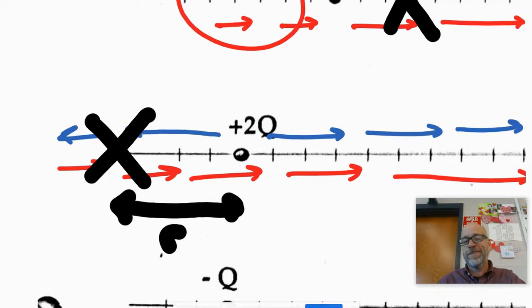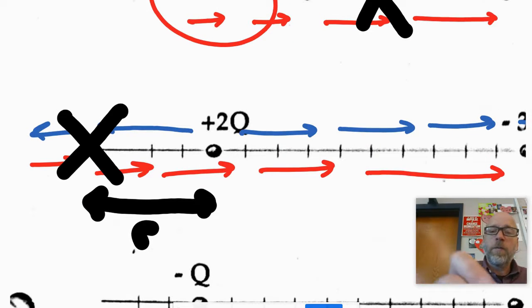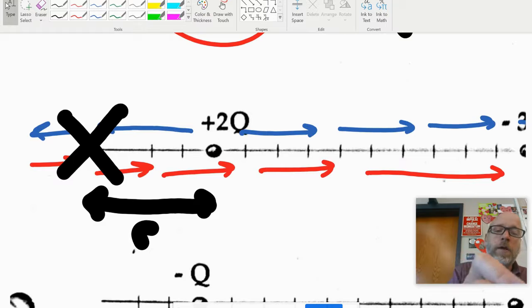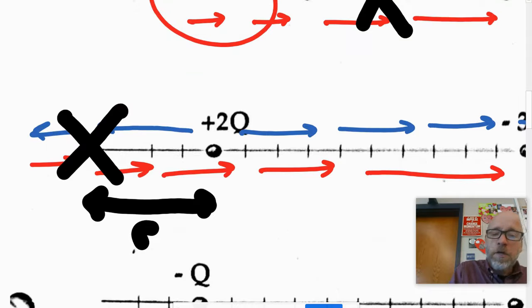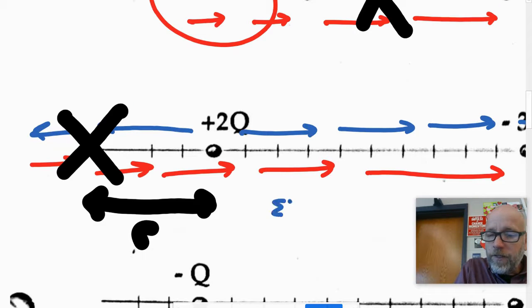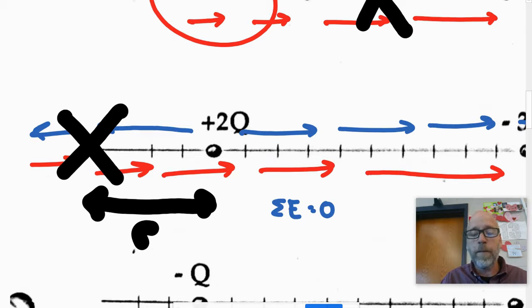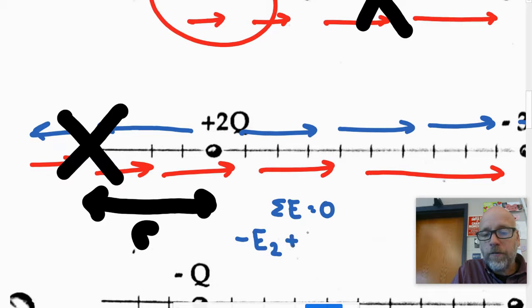And if I wanted to write that out in math words, I could write that as the sum of the electric field is equal to 0 at a certain point. Now, the sum of that electric field is going to be minus the electric field from 2 plus the electric field from 3 is equal to 0.